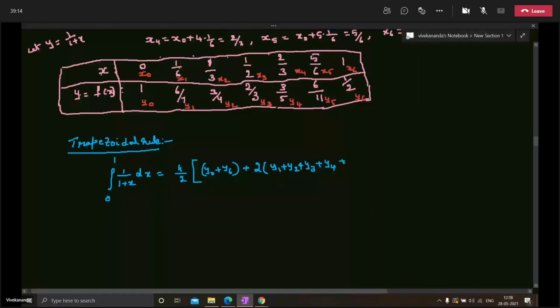Okay, trapezoidal rule: y naught plus yn plus 2 into remaining ordinates.